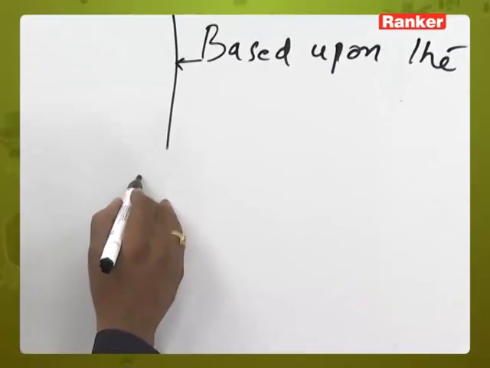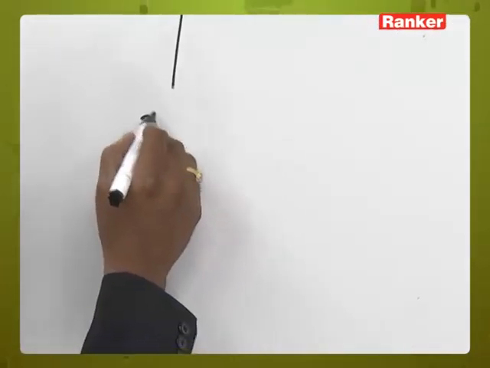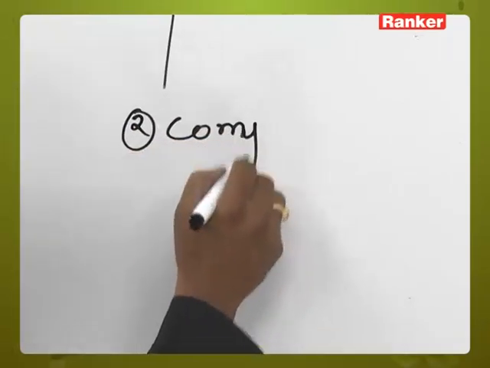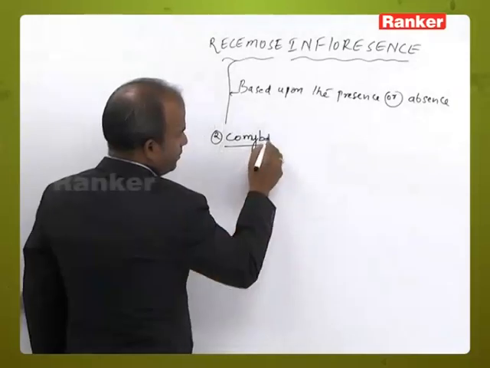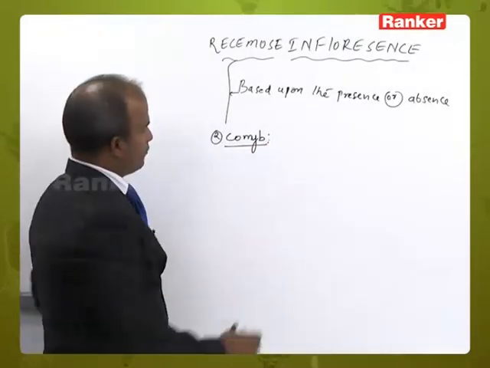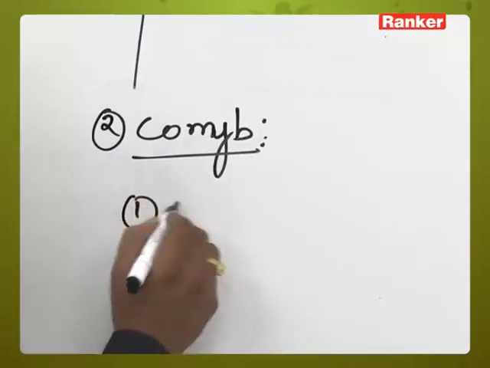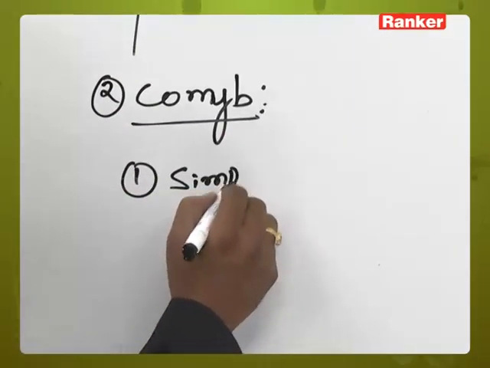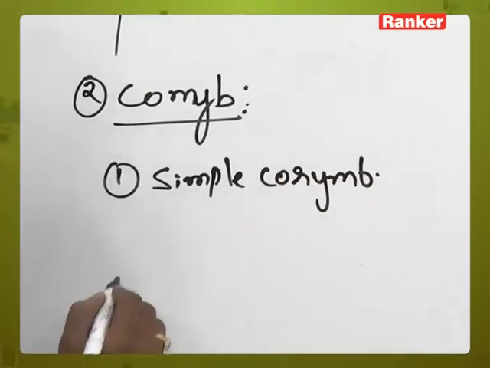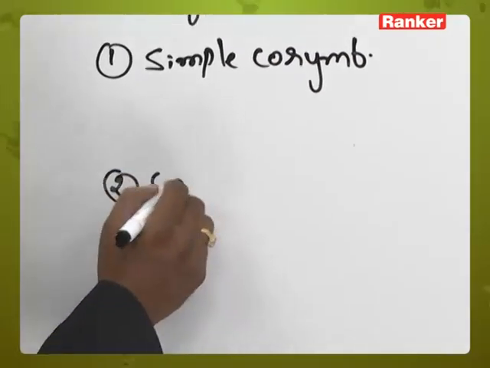Next goes to the second type of inflorescence, that is corymb. This corymb is also of how many types? 2 types. One is simple corymb, and the second is compound corymb.